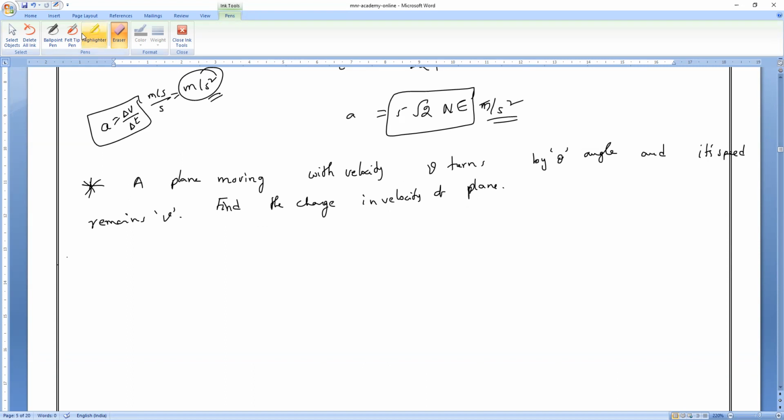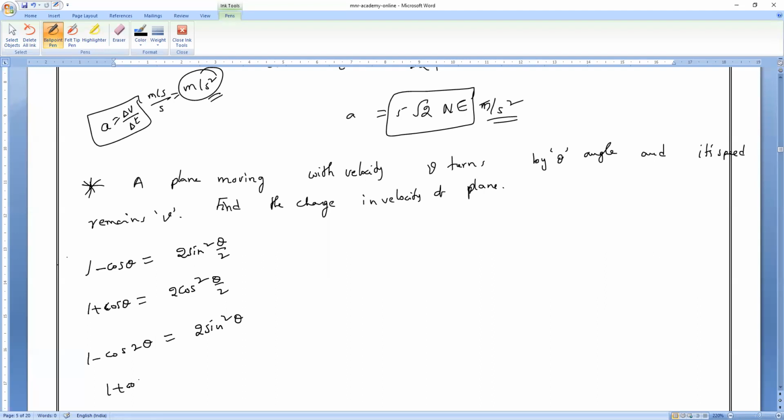Find the change in velocity of the plane. Before doing that, learn these relations, they will be useful. 1 minus cos theta is equal to 2 sin square theta by 2. 1 plus cos theta is equal to 2 cos square theta by 2. 1 minus cos 2 theta is equal to 2 sin square theta. 1 plus cos 2 theta is equal to 2 cos square theta. Please learn these relations.